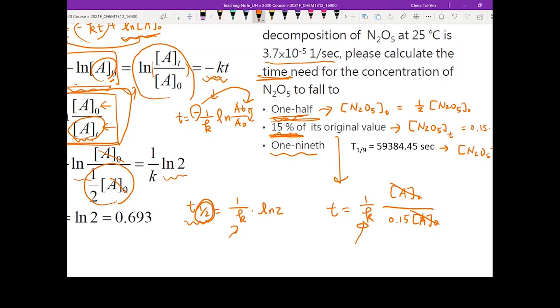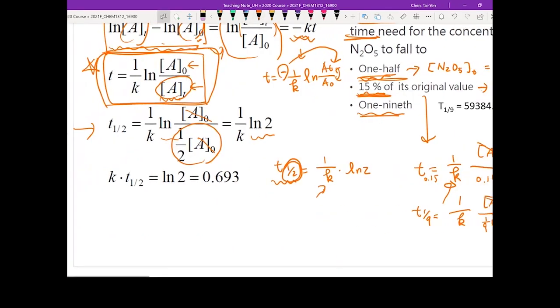Therefore, you can solve for the t. And then this t will be t 0.15. So for the 1/9 it's the same, right? So your t 1/9 will equal to 1 over k, A naught over 1/9 of your A naught, and A naught cancels out. Then you can put in your k, then solve for your t. The key thing here is this is something that you also want to memorize.